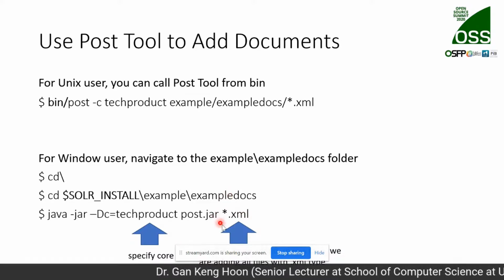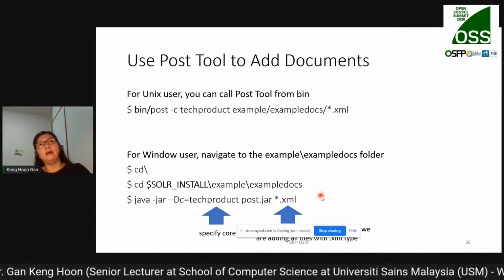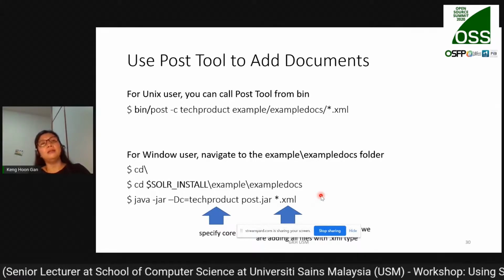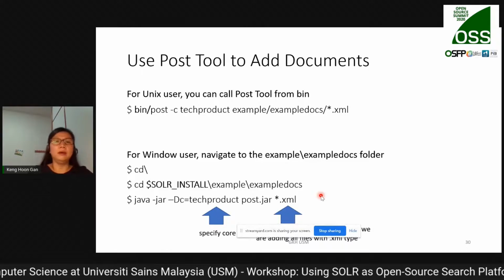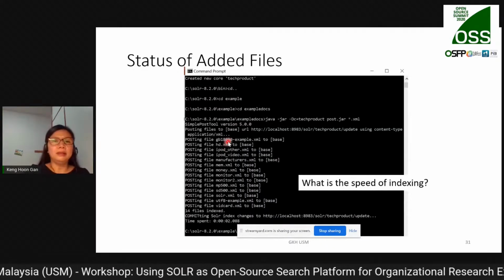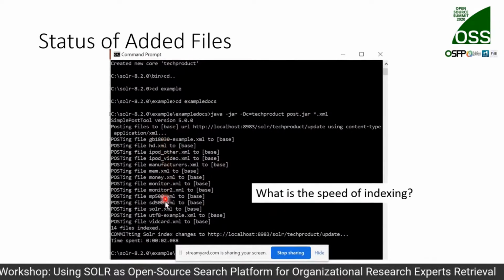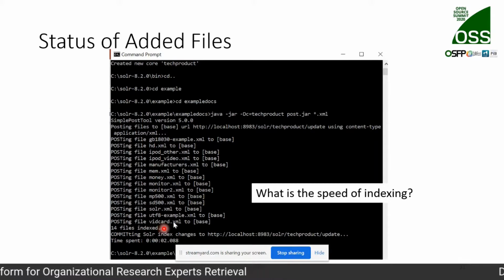So here, *.xml means that we are going to index all the files with extension .xml into our core. Once you have run that, you will see all these files, which were actually in that exampledocs folder.